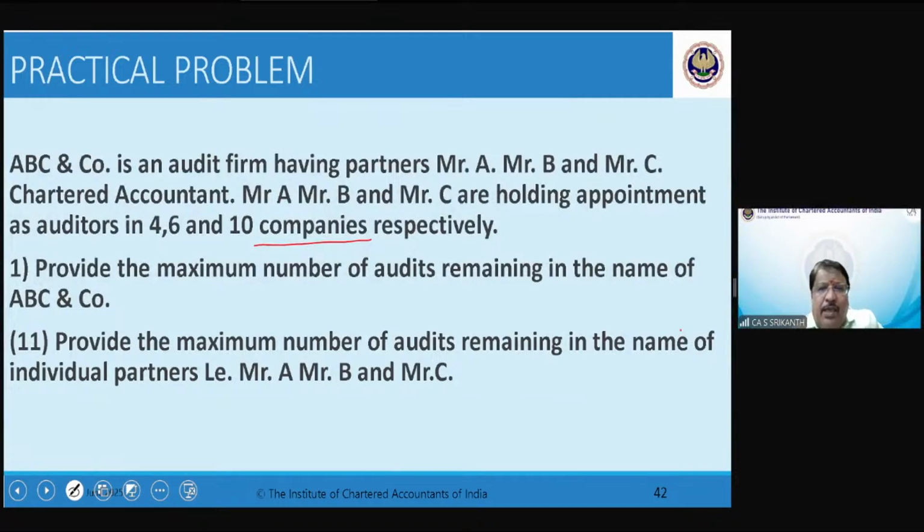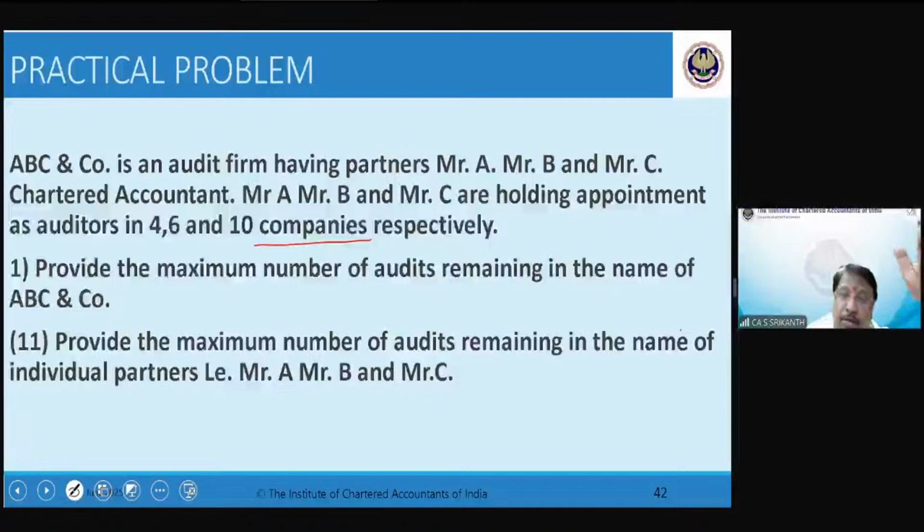So A, B, and C hold 4, 6, and 10. The maximum number of audits remaining in the name of ABC and Company: 3 partners into 20 is 60.